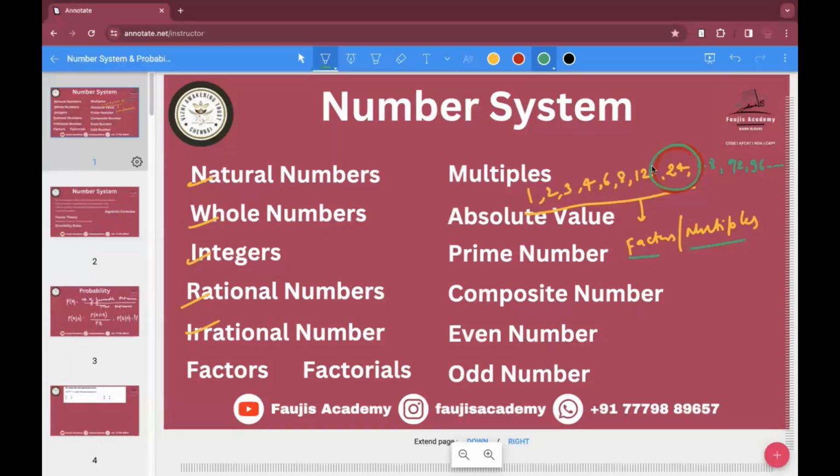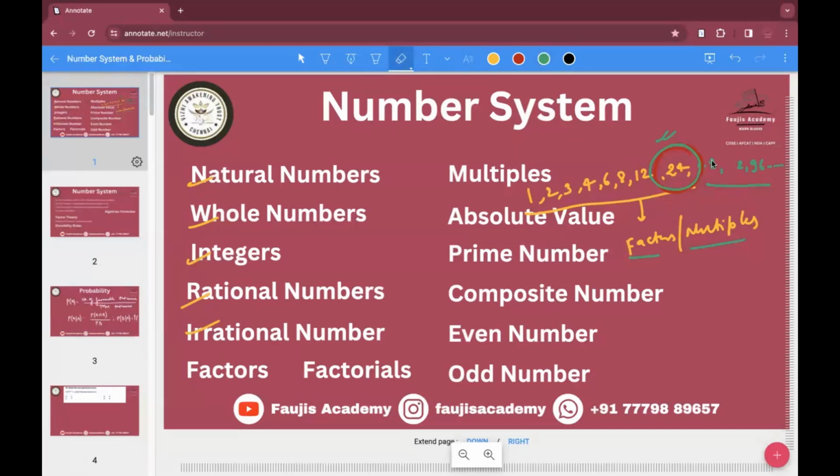The yellow numbers are multiples of 24. If these numbers highlighted in yellow are the multiples, then what are these numbers highlighted in green? Kishore. Sir, yes.